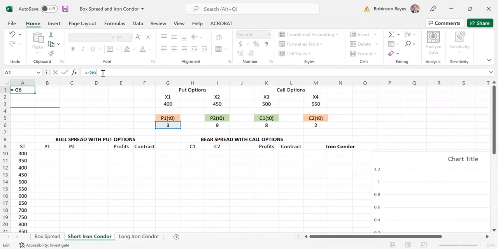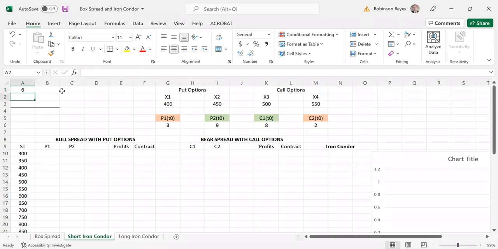Then we are going to sell the high strike put, which is this one. So our outflow is $3, our inflow is $9. When I press enter, this is basically the net cash flow that results from forming the bull spread with put options.